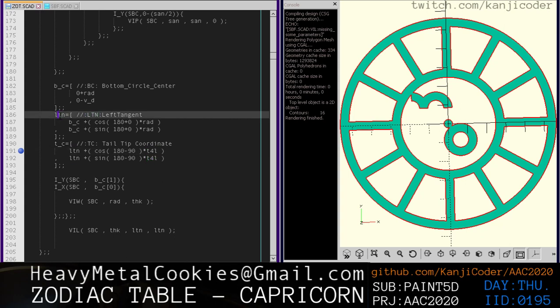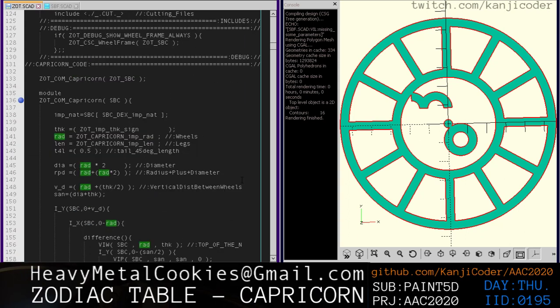Well, first of all, this tangent thing isn't quite right. This radius, is the radius not correct? What is the radius? Imperial radius.